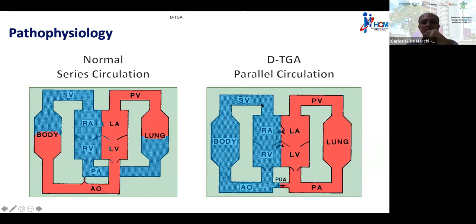Very low saturation on this side and high saturation on this side. The oxygenated blood from the lungs arrives at the left atrium, goes to the left ventricle and the pulmonary artery again. This is terrible and incompatible with life without some places for mixing the blood.